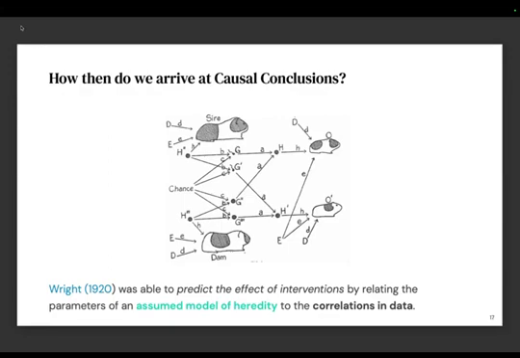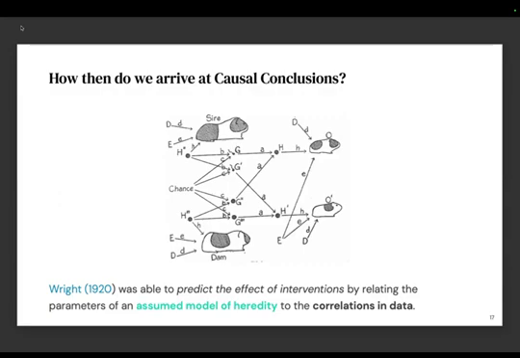And if you like, this is one of the first attempts from a more quantitative perspective to combine some knowledge of the system, some assumptions on the causal structure, combine it with data, and get some verifiable causal conclusion that holds if the model is correct.